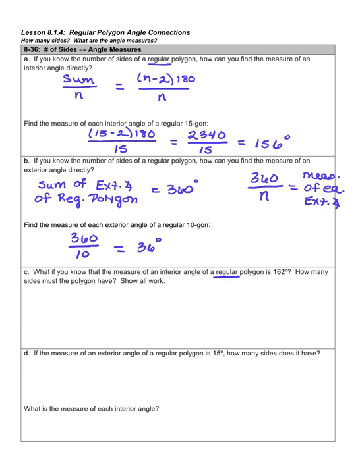We found the sum of those interior angles by taking n minus 2 times 180, and then if we took that sum and split it up evenly among all of the angles, we would find the measure of one of those interior angles, which we know is 162 degrees.